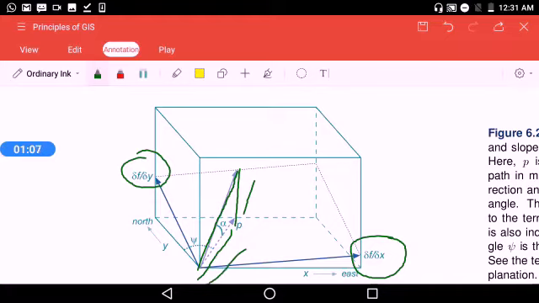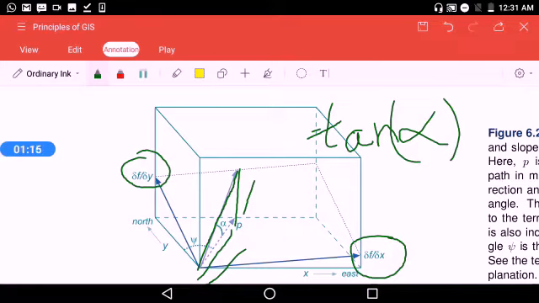So this tan alpha is in fact going to give you the slope with the slope angle of alpha. Now when you try to take this slope tan alpha, that means the slope at this place is tan alpha.